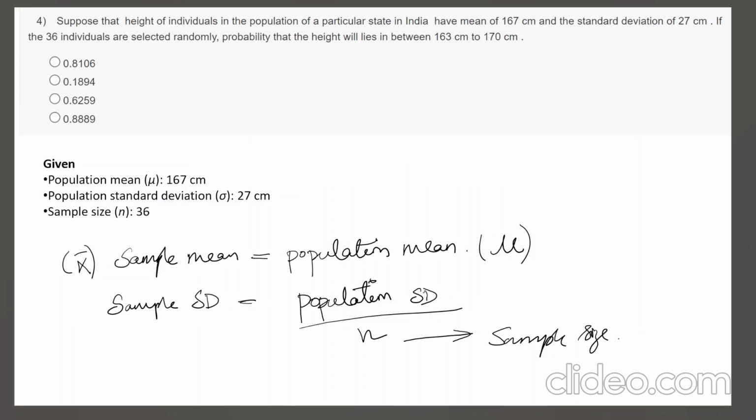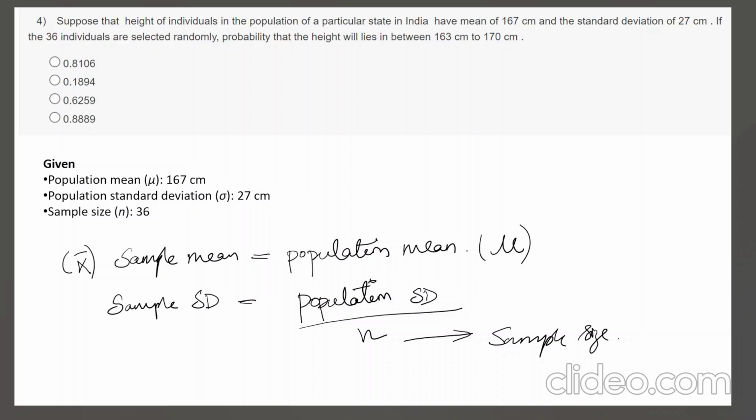Going to the fourth question. Suppose the height of individuals in the population of a particular state in India has a mean of 167 centimeters and a standard deviation of 27 centimeters. If 36 individuals are selected randomly, what is the probability that the height will lie between 163 and 170 centimeters?